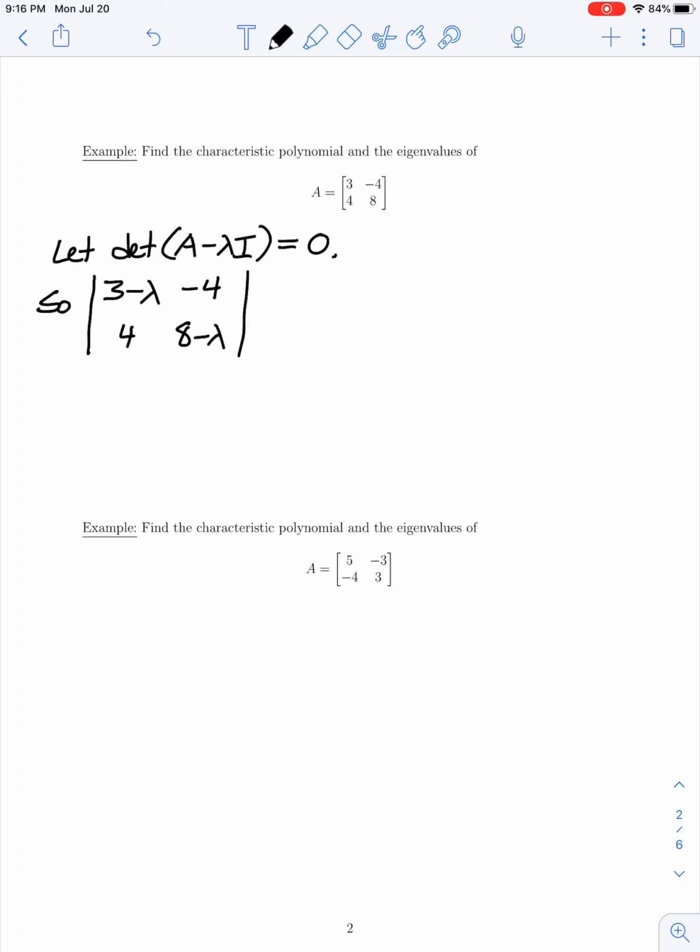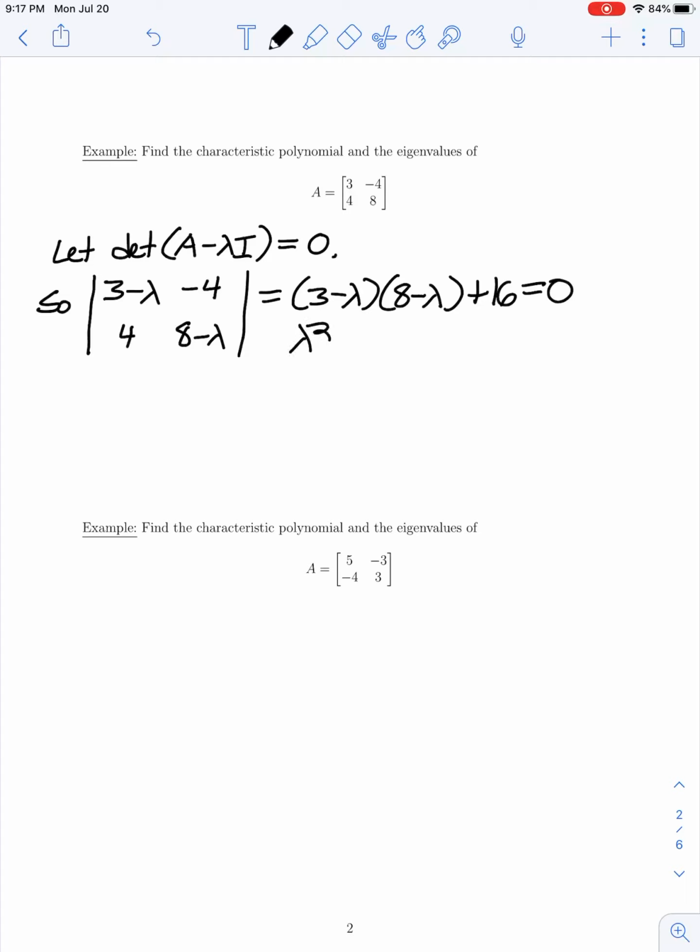Again, we take the matrix A and we're subtracting lambda just from the diagonal entries. And taking the determinant of this 2 by 2 matrix, we would have 3 minus lambda times 8 minus lambda, minus the product of the off diagonals, which gives us a positive 16, is equal to 0.